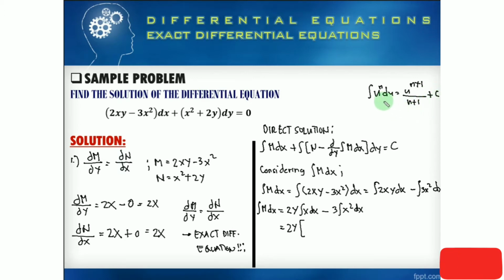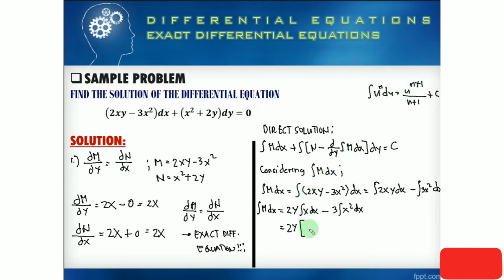Okay, so you have to remember this one. So in this case, our u is x, and our du is dx. So our exponent here is just simply 1. So we have here u to the n plus 1.